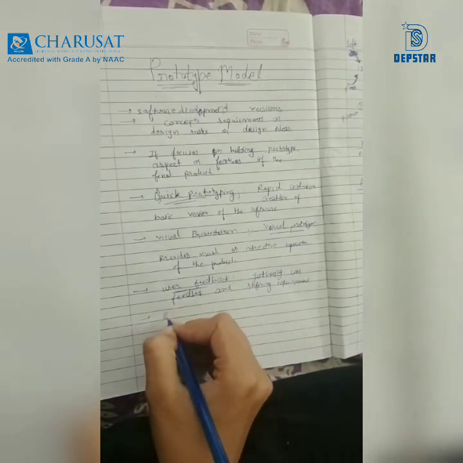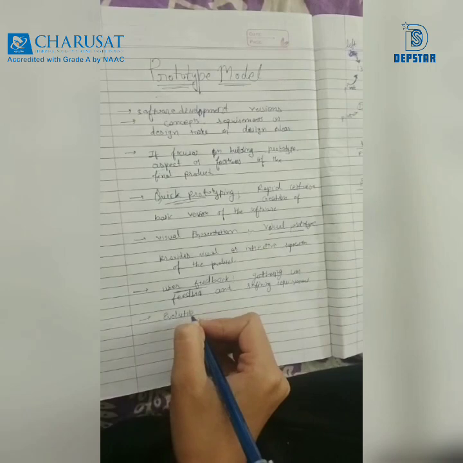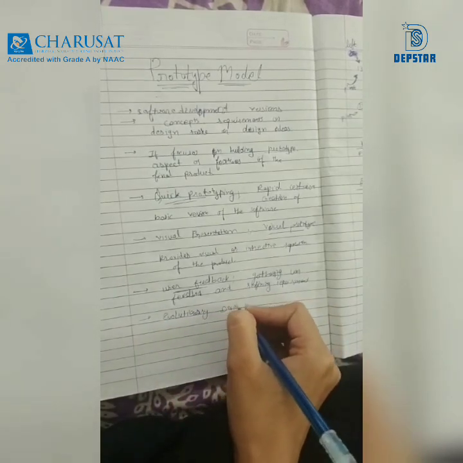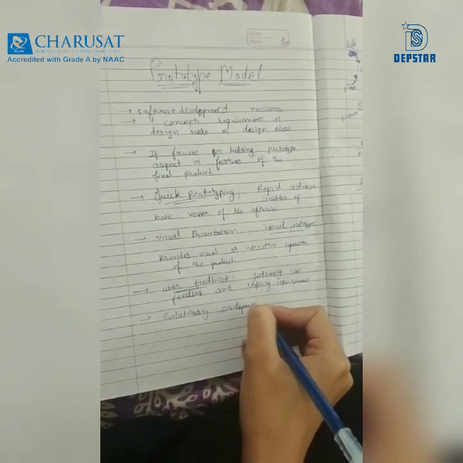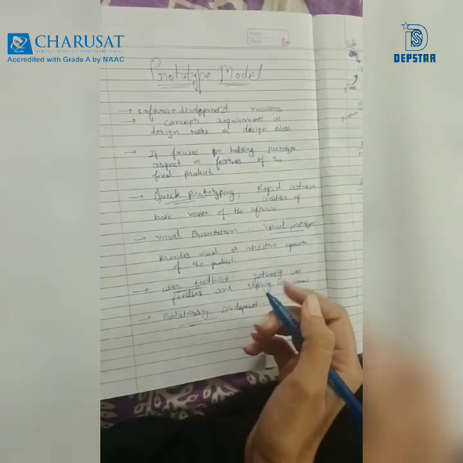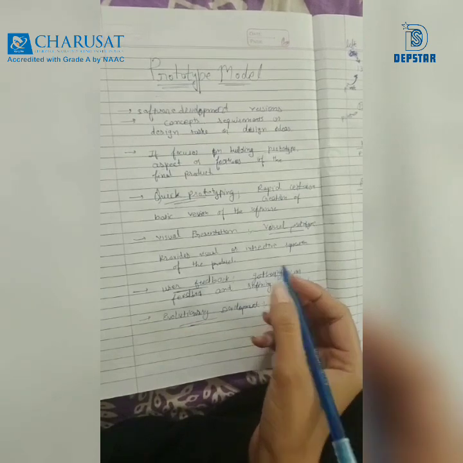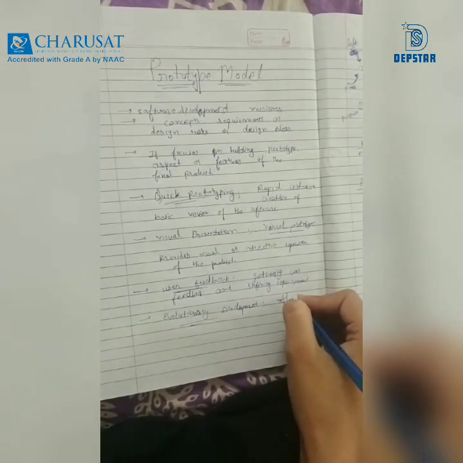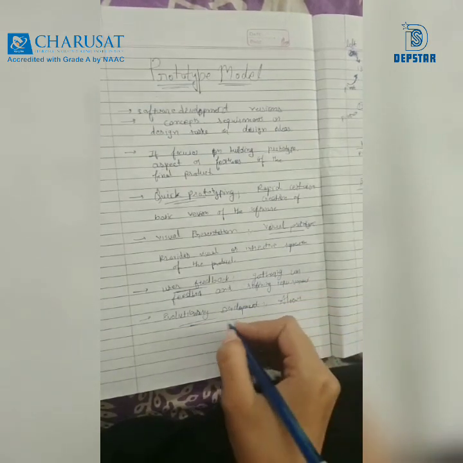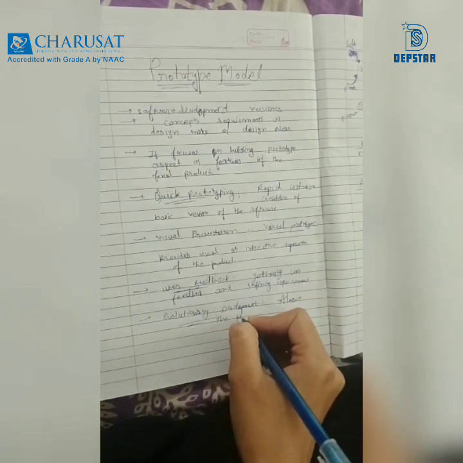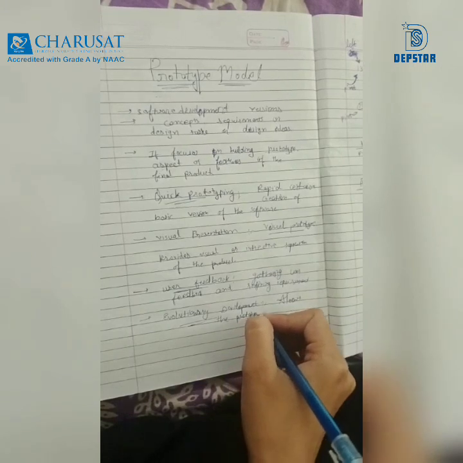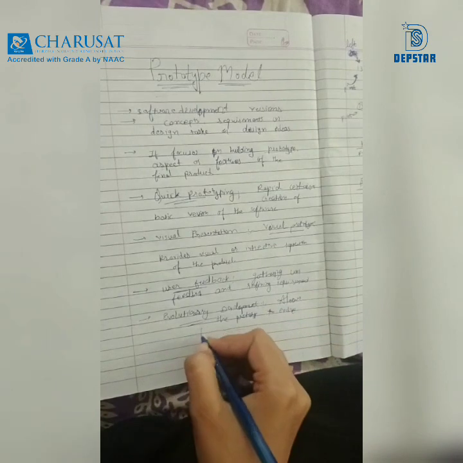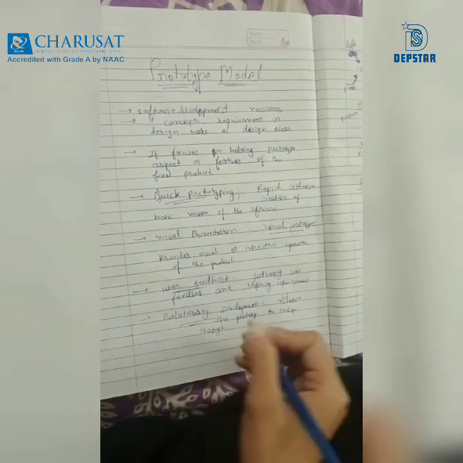Then what is evolutionary development? We can take feedback from the user and evolve it, so it allows the prototype to evolve through successive iterations.